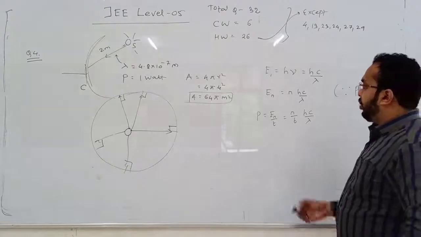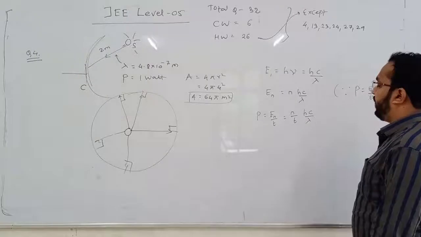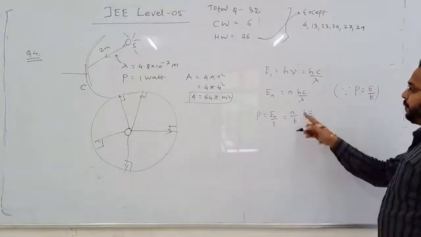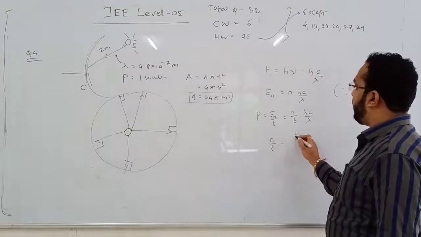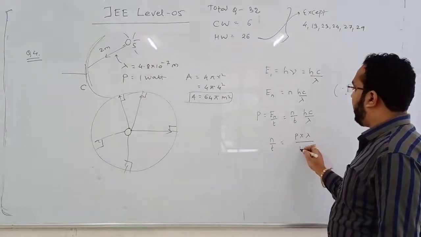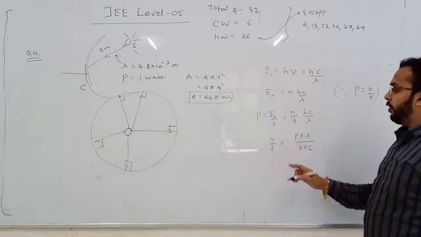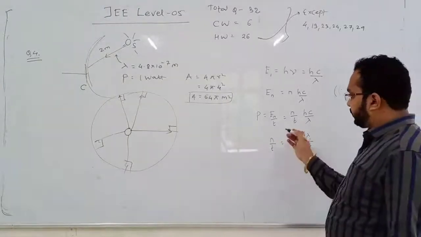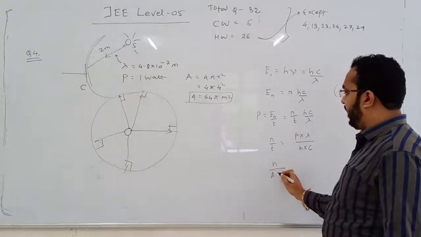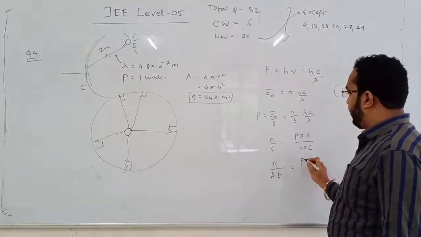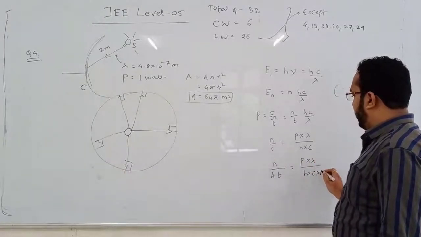Again, number of photons per unit area is asked. So first of all, find the number of photons per unit time. N upon T is power into lambda upon h into c. This is the number of photons per unit time. Per unit area means number of photons per unit area per unit time is equal to P into lambda upon h into c into area.